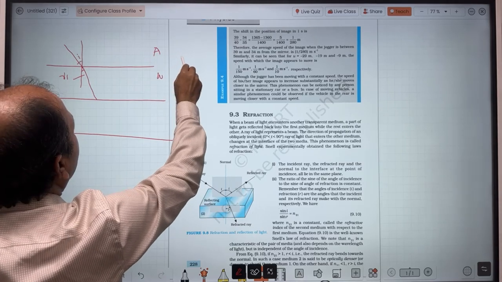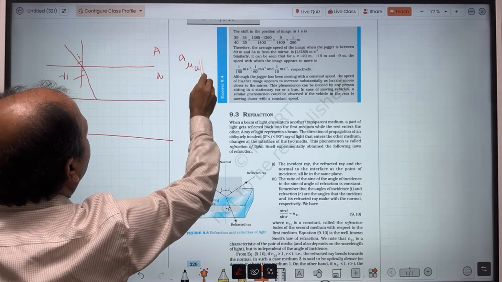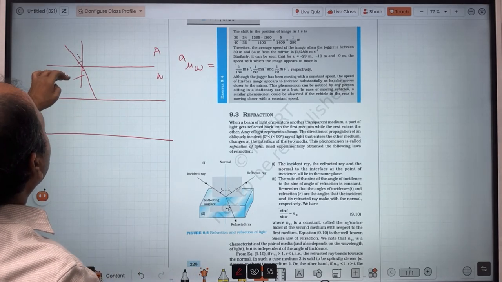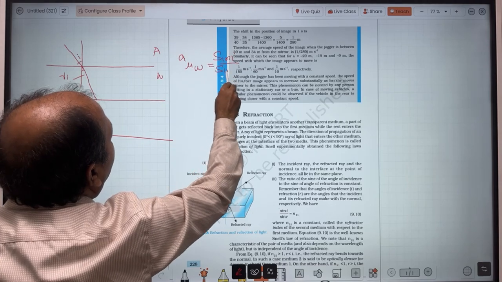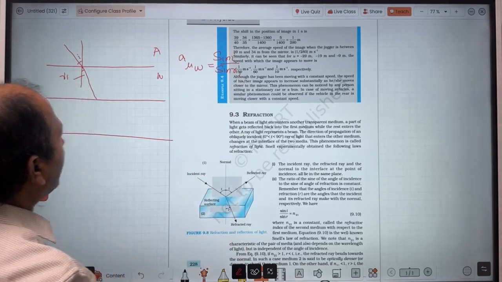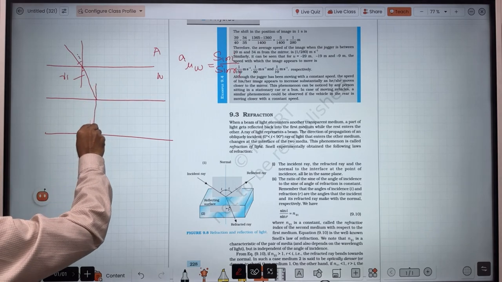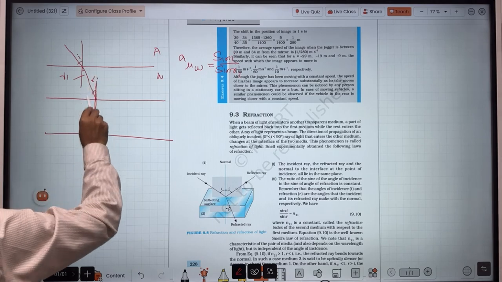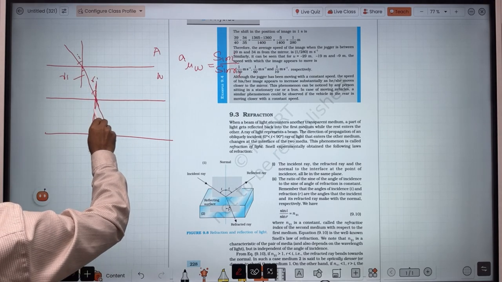So here we can write the refractive index at this point. It will be A mu W, air to water, equal to sine I upon sine R1. No problem. Now when we reach this point, we draw the normal here, and this angle will be the same. This is R1, right? Here this becomes R2.